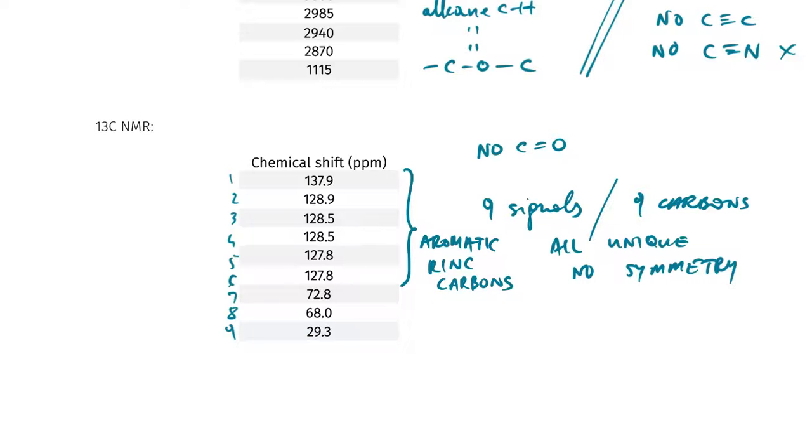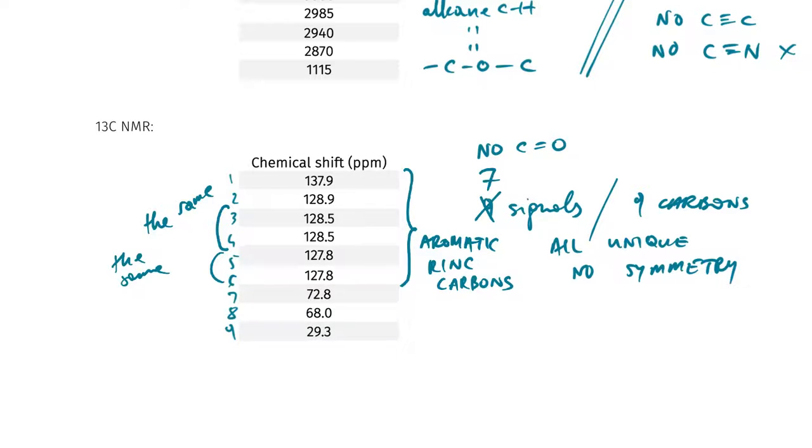And so 128.5, the same. And 127.8, the same. So actually we have 7 signals for 9 carbons. And visually, they will be just twice as tall as the others. Here, the software that I'm using to predict it just lists them twice.